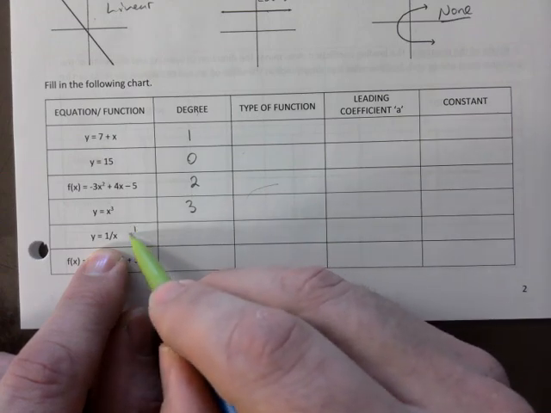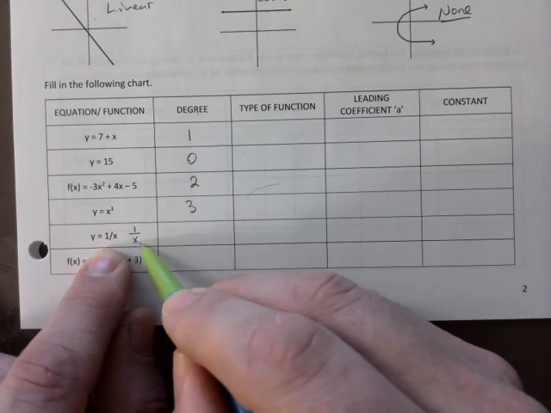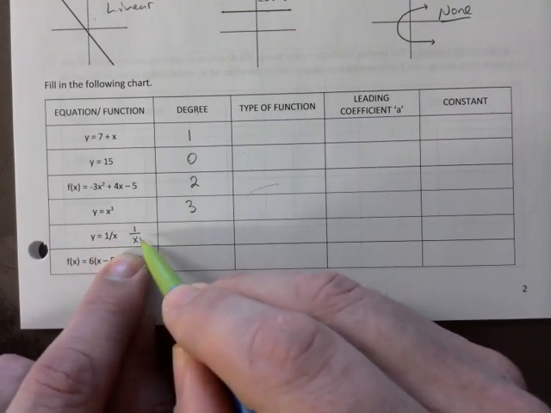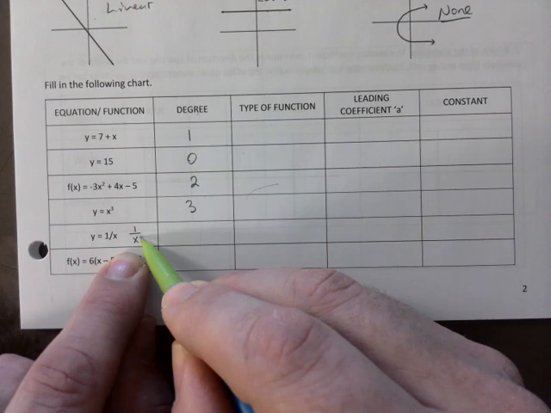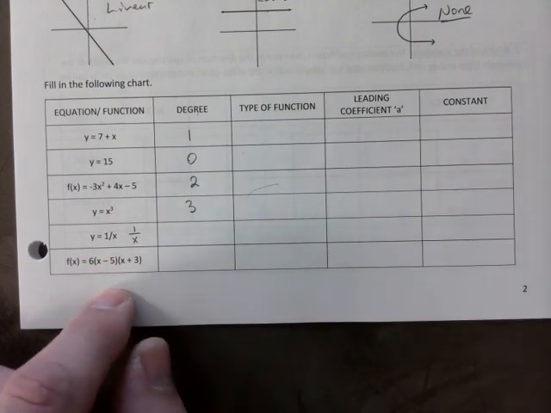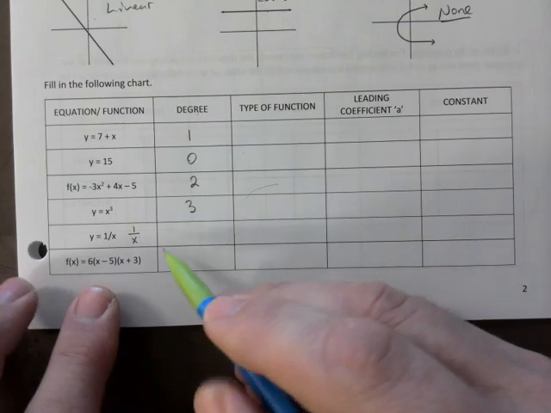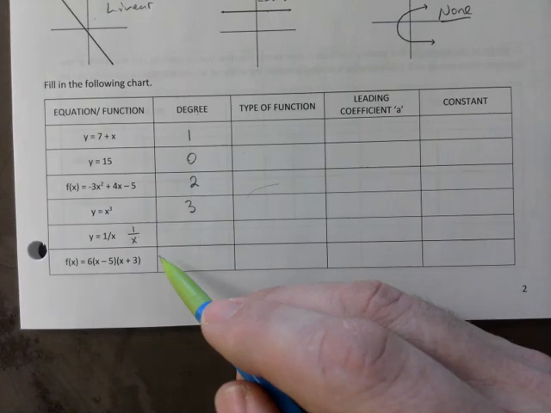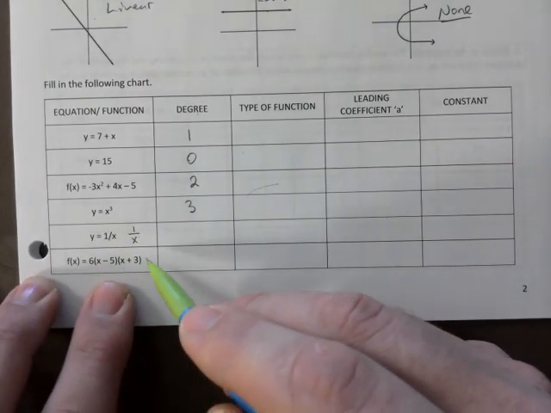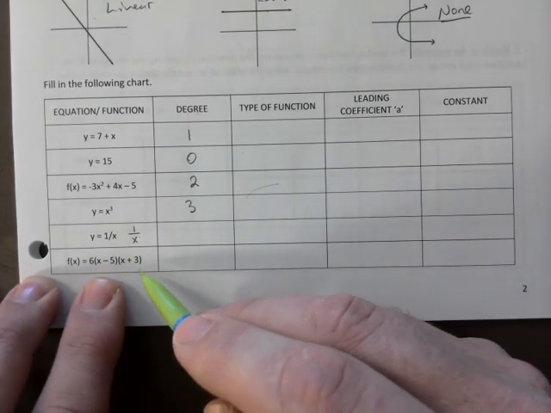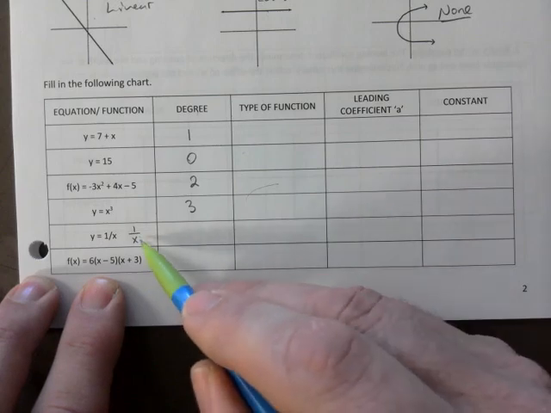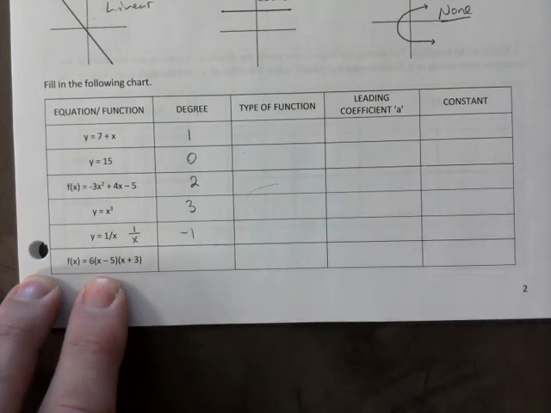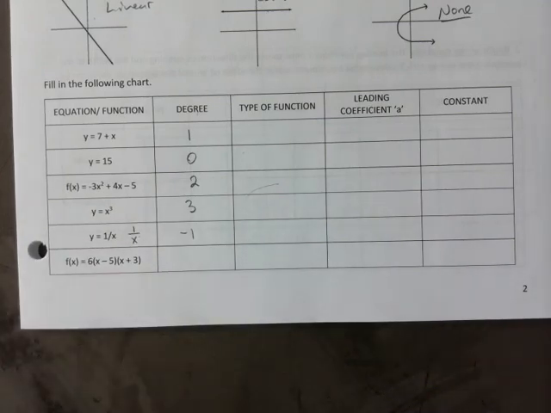I don't know if you remember, when x is down here, this is saying that the exponent is technically -1. But I'm not going to go there because that's just going to give you nightmares, right? Remember simplifying expressions like that? We're not doing that here. This one, no. This one would be -1, if you really need to have that filled in.